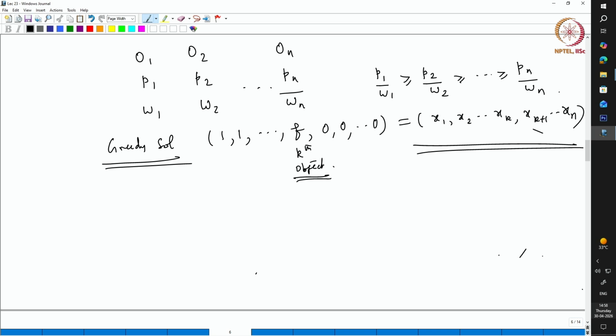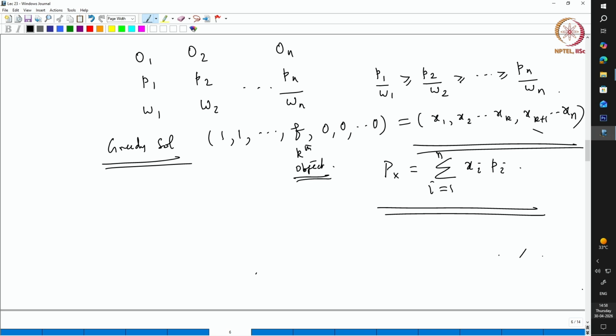Therefore, our greedy algorithm is going to pack the objects in this order, and therefore the greedy solution is going to be like this. And what is the profit that you get? P of x equal to sigma xi pi, i going from 1 to n. This is the profit that you have got using greedy solution.